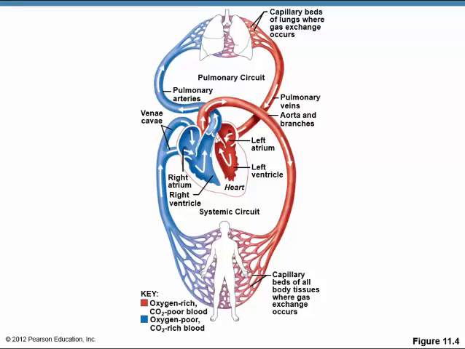Here you see your circuits diagrammed. This is the right side of the heart. It pumps blood to the pulmonary circuit. It's colored blue because the blood is deoxygenated. As blood flows through the capillaries of the lungs, it picks up oxygen. Our oxygenated blood is color-coded red. It returns to the left atrium. From there it goes to the left ventricle.